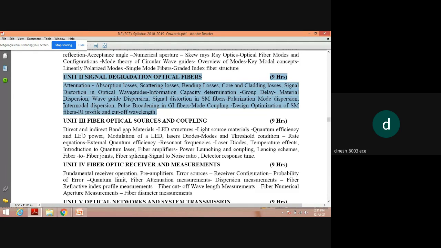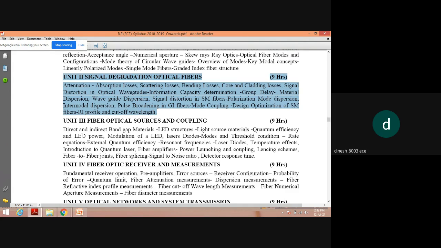LED supports multi-mode, laser supports single mode. So there are these two different structures and their types with their equivalent external quantum efficiencies, resonant frequencies, and the type of sourcing to external is what you are going to see in unit 3's first half.